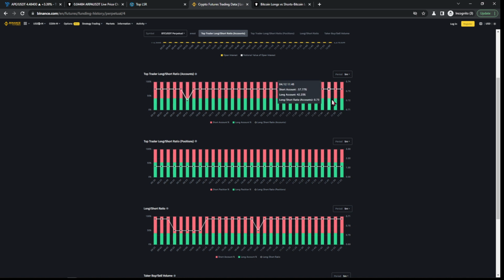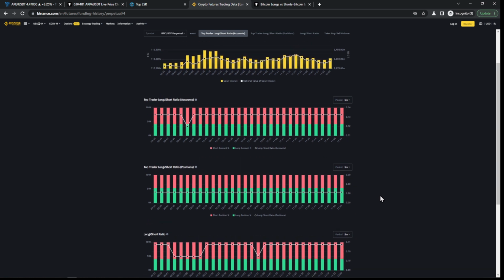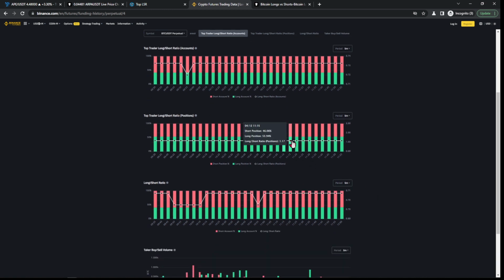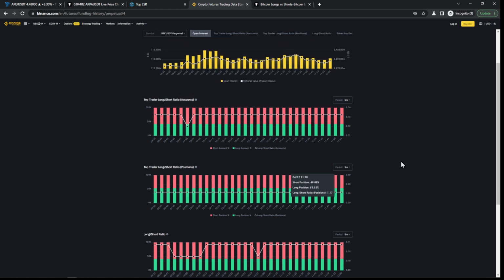Accounts can hold a long or a short position longer than a position, which means when there's a lot of people positioned short, the asset normally goes higher. When there's a lot of people betting long, the asset is going lower. So it's the opposite of what we see here.